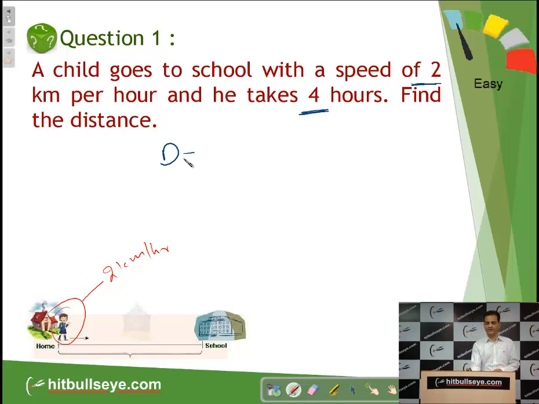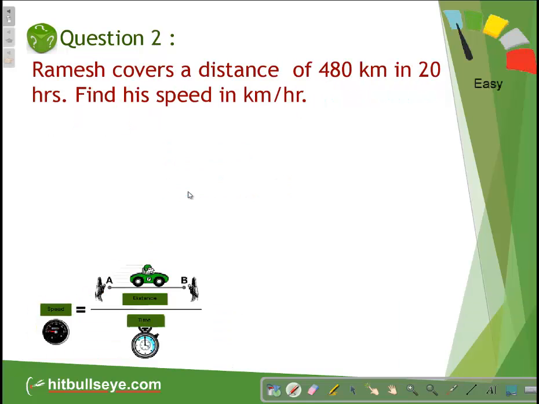As we have already done, distance is equal to speed into time. So what is speed? Speed is 2 km per hour and what is time? 4 hours. Units are the same. So what is 2 into 4? It will be 8 km. So distance will be 8 km. Very basic question, application of the direct formula. Now move to the next question.